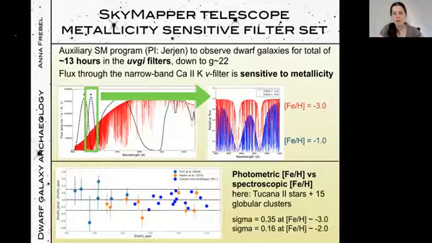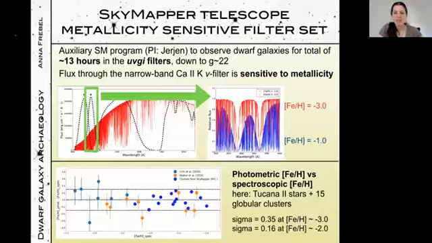You can see in the top right plot that metallicity really influences the flux through the filter. The more metal poor, the brighter the star is, because there's less absorption. So for once, nature is throwing us a big bone here.